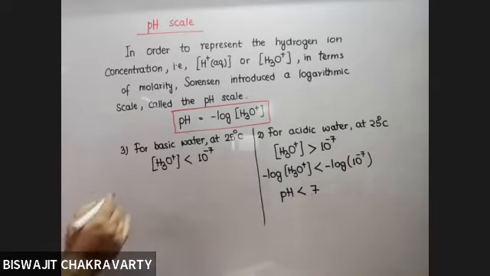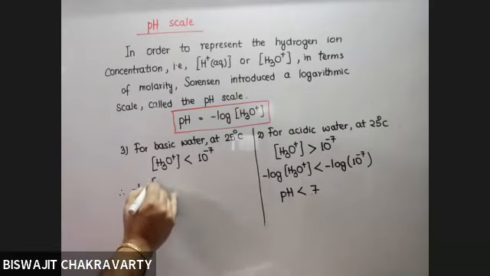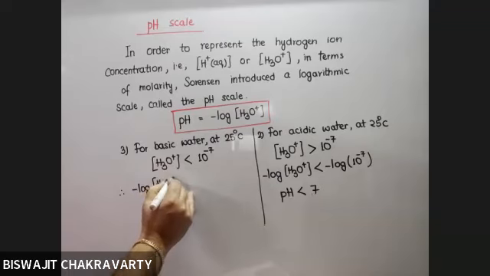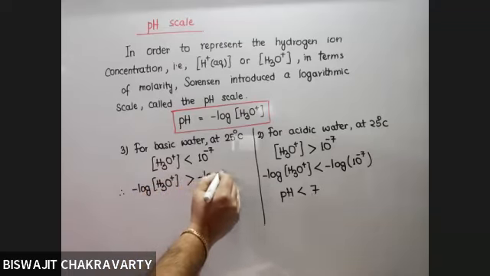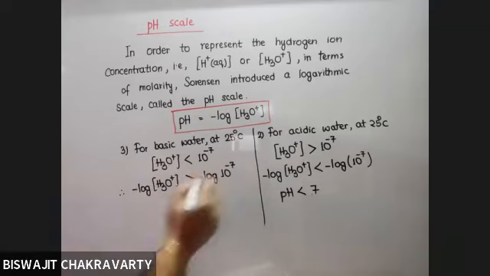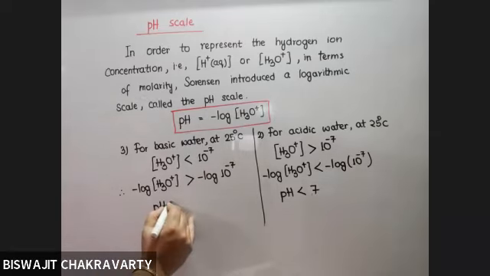So therefore minus log of H3O plus will be greater than minus log of 10 to the power minus 7. So pH will be greater than 7.